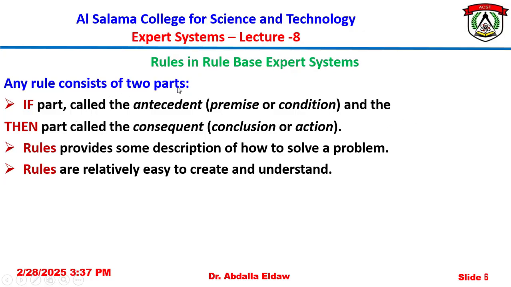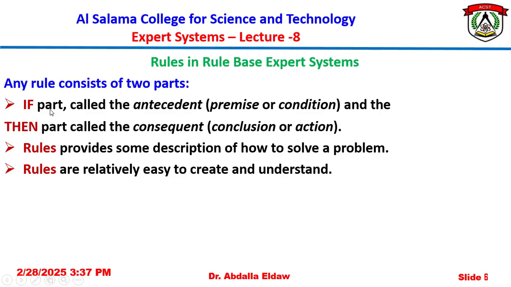Any rule consists of two parts, as I said. The if part is called the antecedent or premise or condition. Here is an assumption, and according to the first part, the second part will be formulated. The whole expert system answers the question according to the condition of the if.